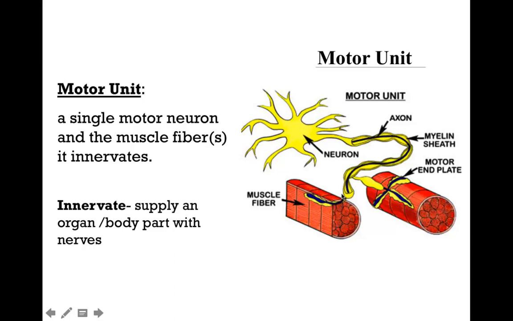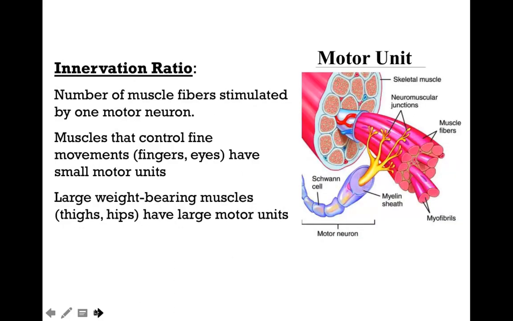When it reaches the end of its journey, it is connected to muscle fibers. There are end plates that attach themselves to muscle fibers, and you'll notice there is some branching that occurs. So a single motor neuron can send a signal to various muscle fibers. This entire thing, the neuron and the muscle fibers that it innervates, is referred to as a motor unit.